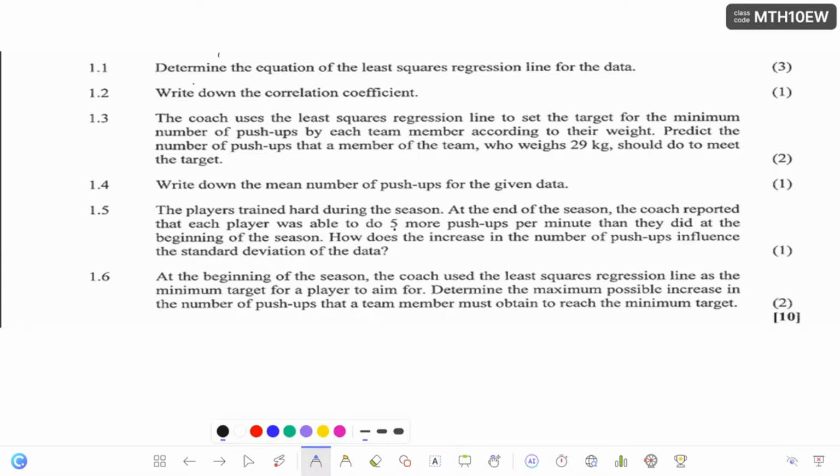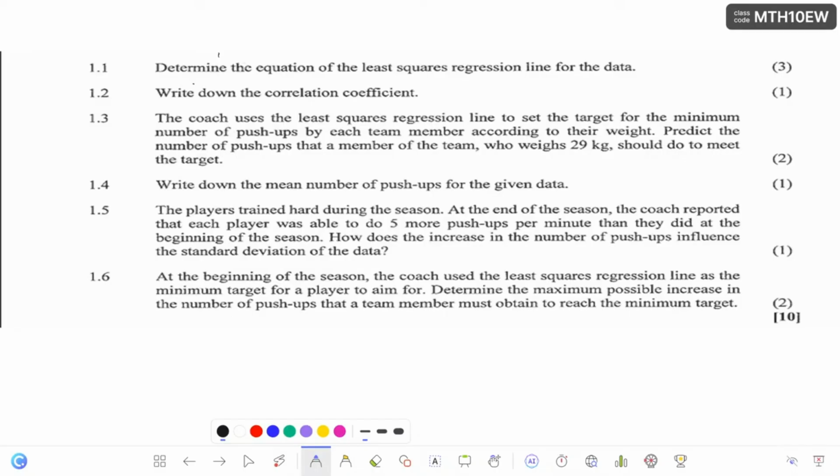Adding plus 5 to our observations is not going to change it. This question is trying to test if you know the effect on standard deviation when you add a constant to our data. You need to know that adding a constant to our data is not going to change the spread of the data.